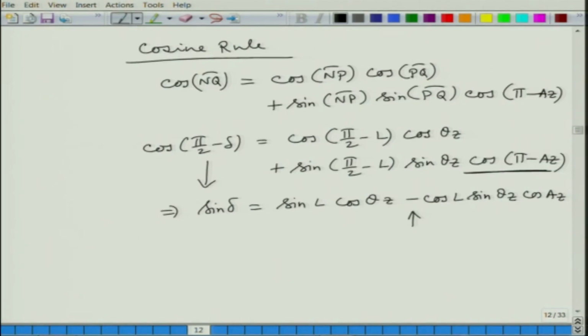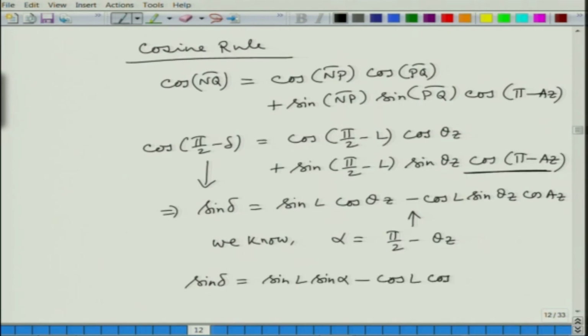Now, we know that alpha, which is the solar altitude angle, is pi by 2 minus theta z, right. So, if we substitute that, what we get is sine delta equal to sine L sine alpha minus cos L cos alpha cos Az.